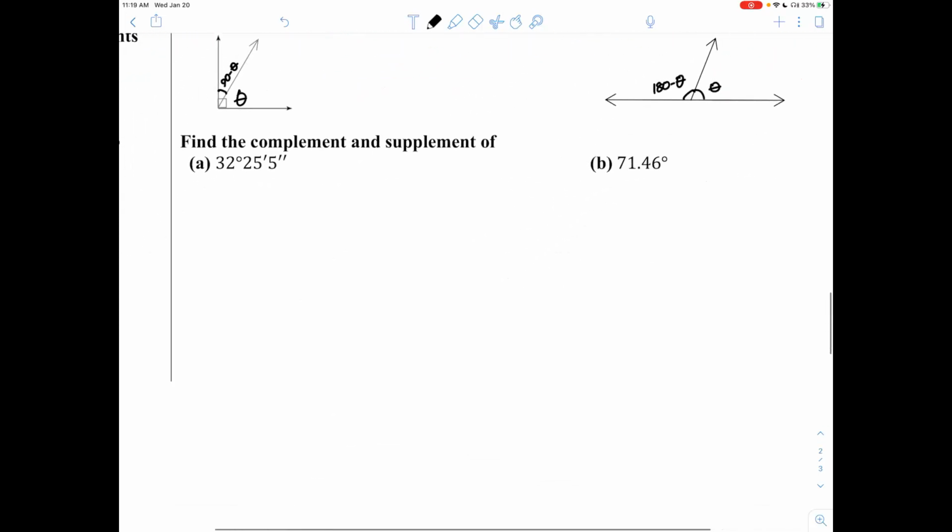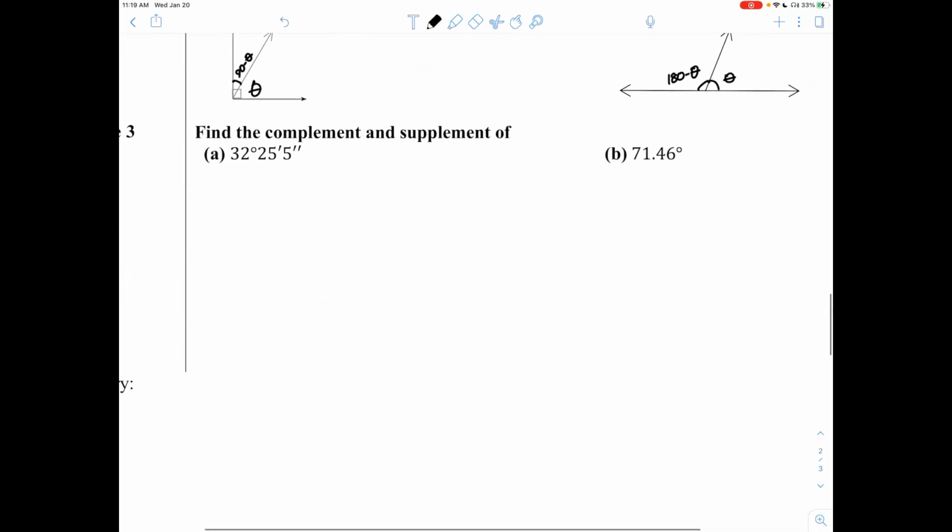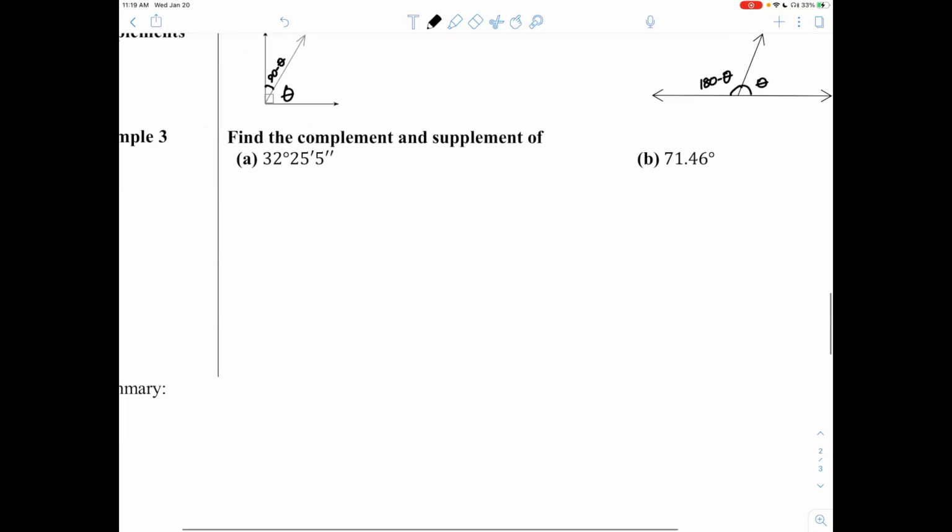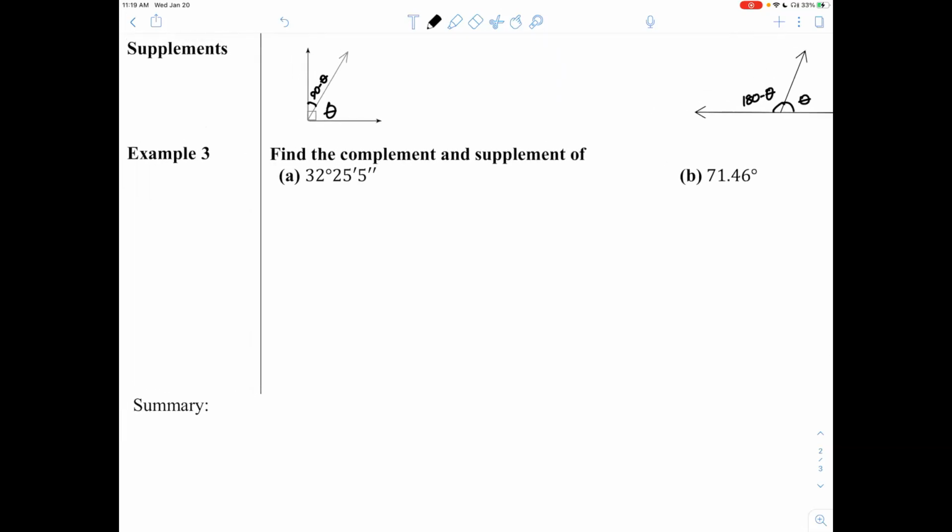Okay, so to find the complement and supplement of these angles, let's look at the first one. The first angle is written in DMS, degrees, minutes, seconds. A couple things we might want to remember: there are 60 minutes in 1 degree, and there are 60 seconds in 1 minute.